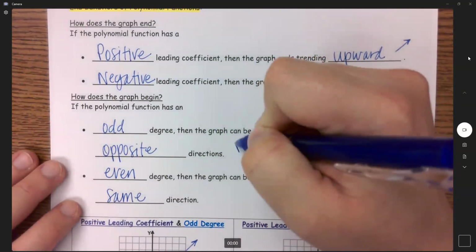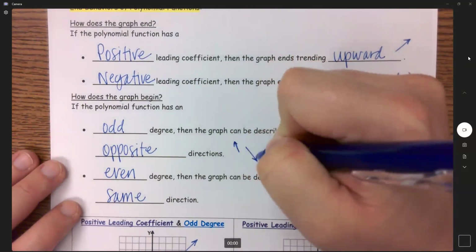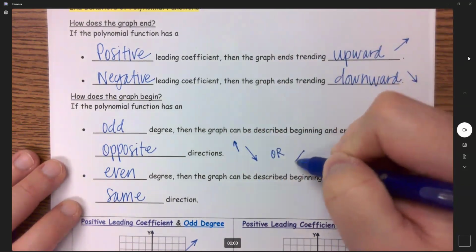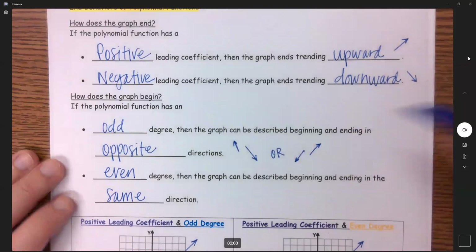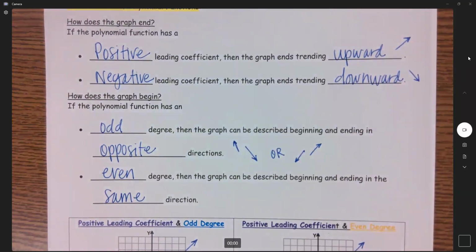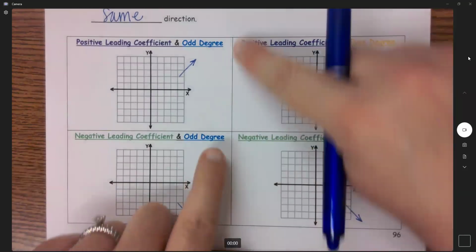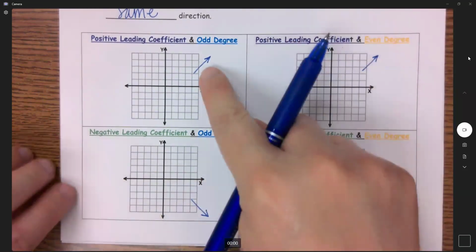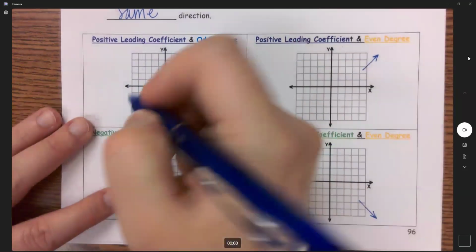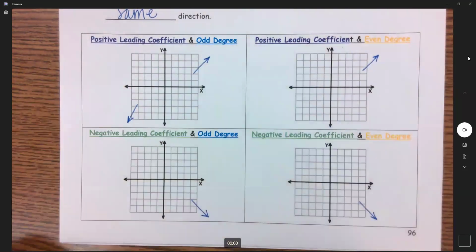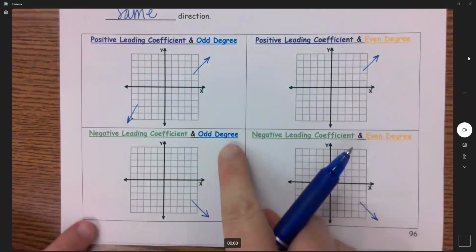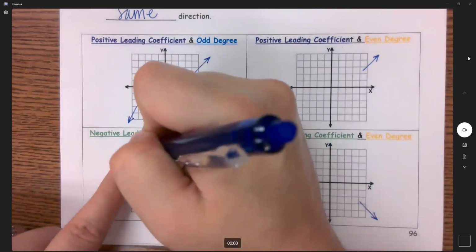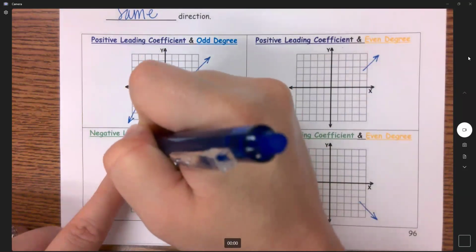So it will either be like this or like this. If I have odd degrees, they need to be in opposite directions. So if this one starts up, then this graph is going to end down. Odd degree, if this one ends down, then this one will end up.